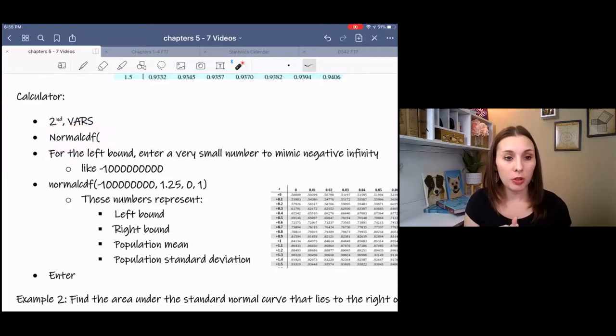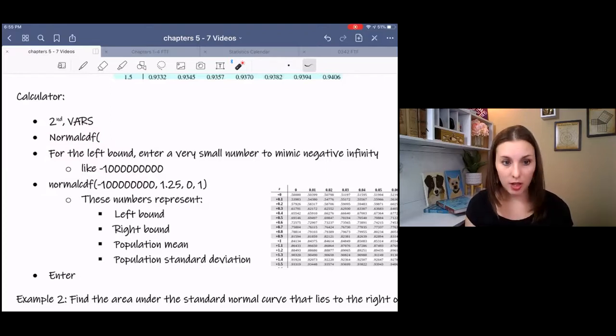So you go to second vars, and you can see above second vars is DISTR. It stands for distribution. Isn't that neat? So you go to second vars. Don't turn your calculator on. Second vars, go down. It's number 2 for me, to normal CDF.